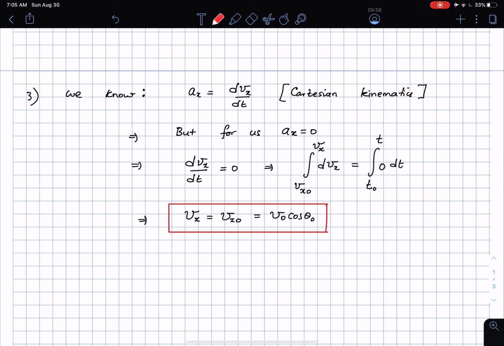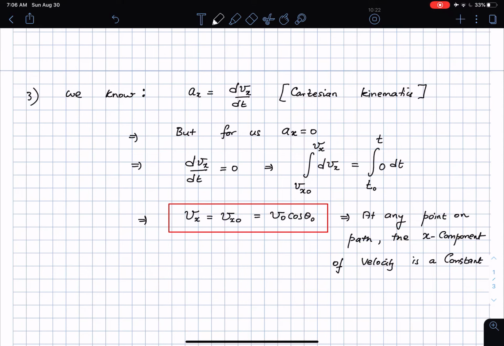So what this tells us is the following: at any point on the path of the particle, the x component of velocity is a constant. It does not change with time.